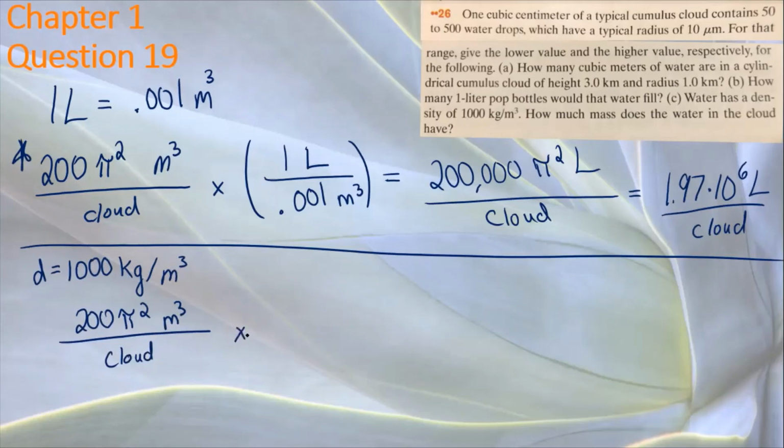And we can multiply that by our conversion factor, which has meters cubed on the bottom and kilograms on the top. And we have 1,000 kilograms per 1 meter cubed.